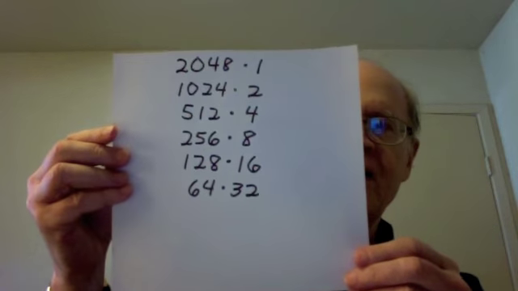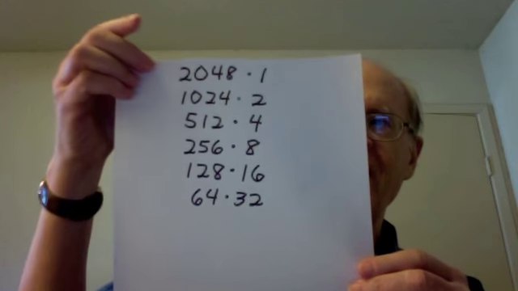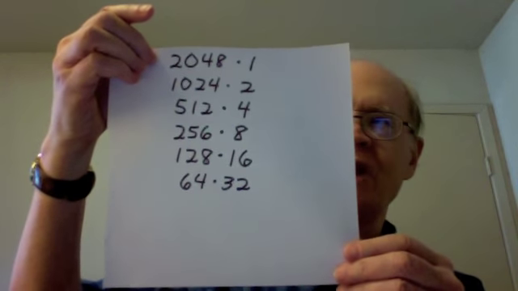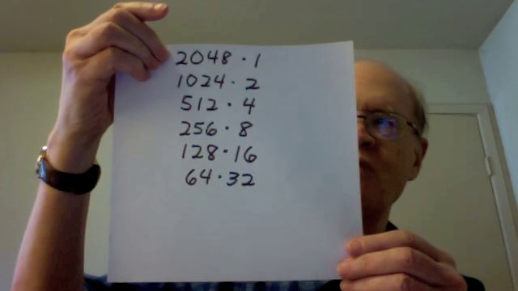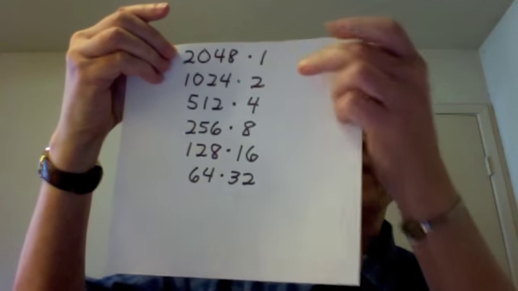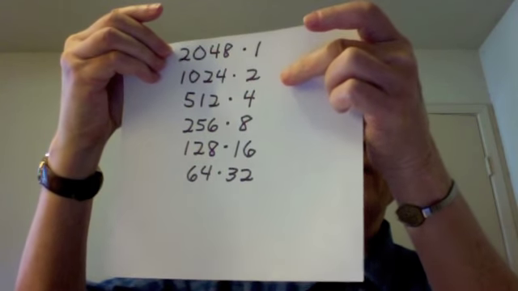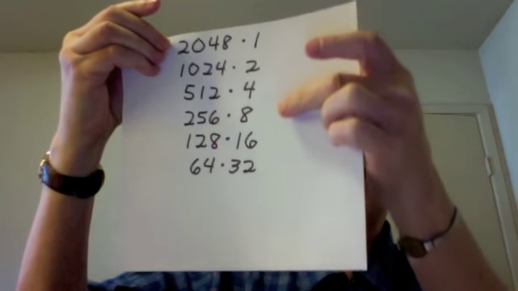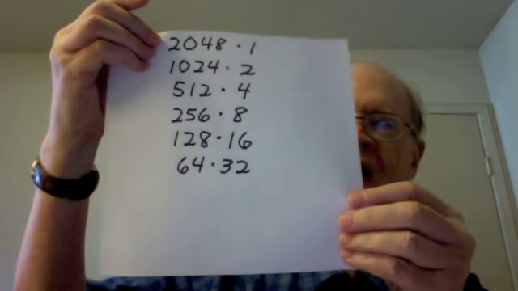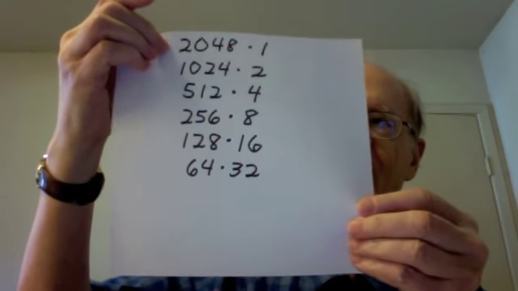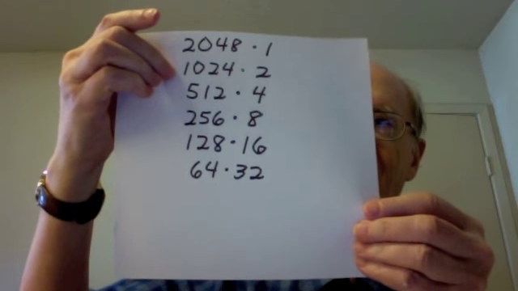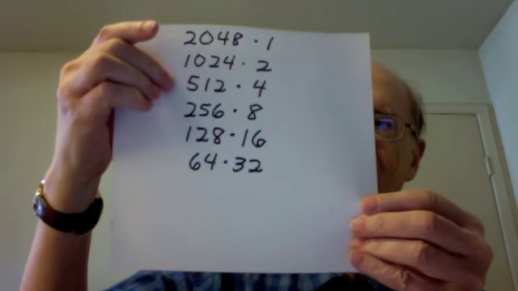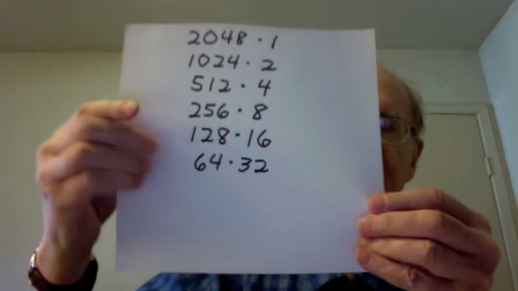All those 2's make it relatively easy for us to list factors of 2,048 in pairs, starting with 2,048 times 1, and we just double the 1, 2, 4, 8, 16, 32 as we cut the larger factor in half each time. And so we have these pairs of factors.